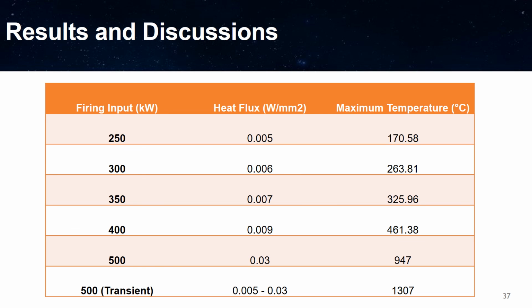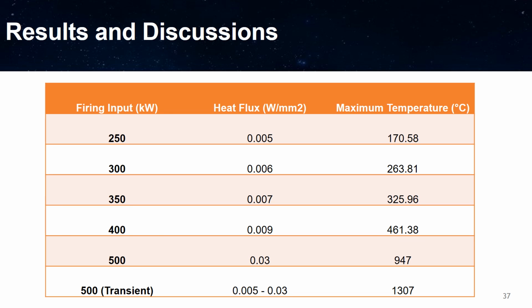This is a summary of the results we got for different firing inputs and the temperatures. We can see that up to 350 to 400 kilowatts we can go without cooling, but for 500 kilowatt of firing input we must have cooling.